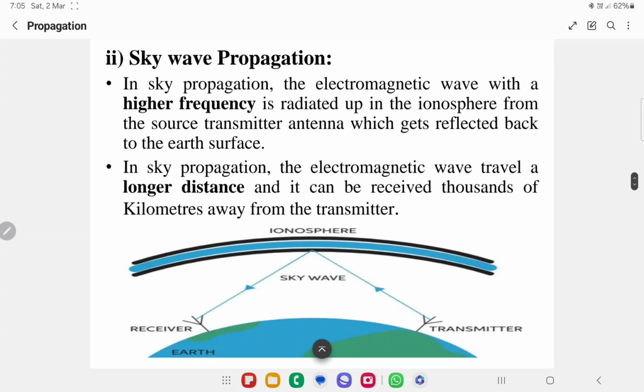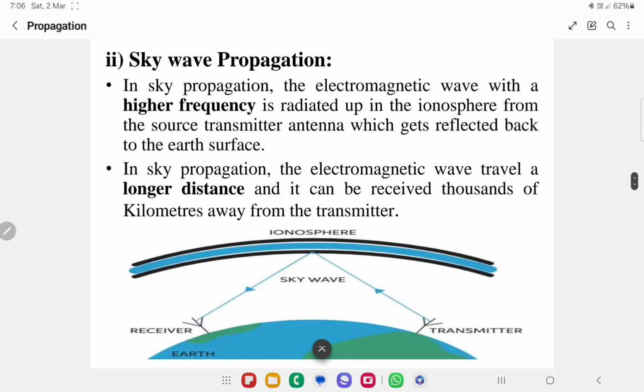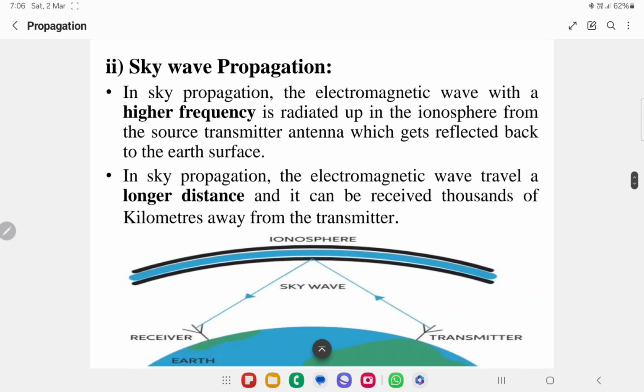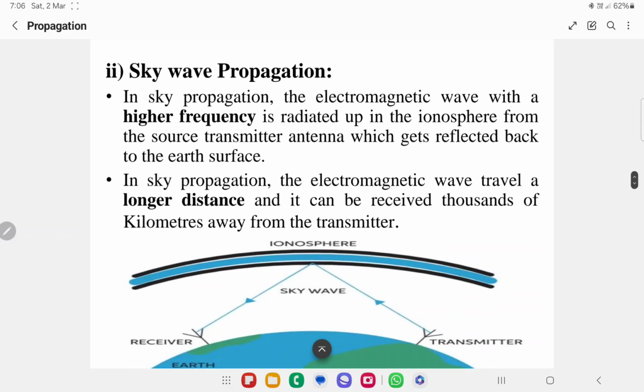The next comes sky wave propagation. In sky wave propagation, the electromagnetic wave which is propagating has higher frequency compared to ground wave propagation, and this higher frequency electromagnetic wave is radiated up into the ionosphere.